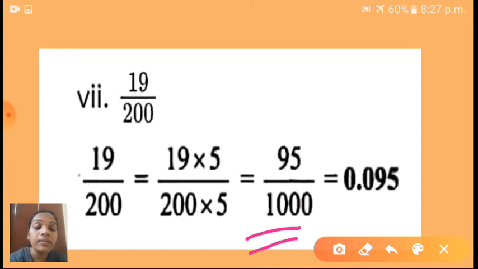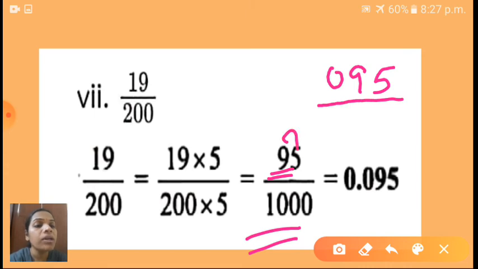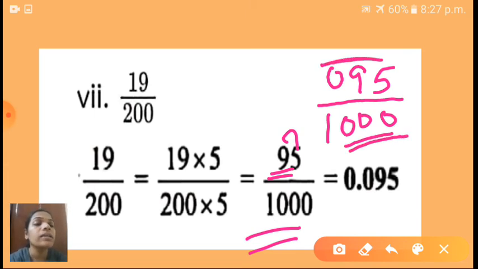Yes, see here. Now you have to see the denominator. How many zeros are there children? 3 zeros are there. And here a 2 digit number. So what you have to do? Yes, 0, 9, 5. Before that 2-digit number you have to write 0. Now see here, 3 zeros and here a 3-digit number.